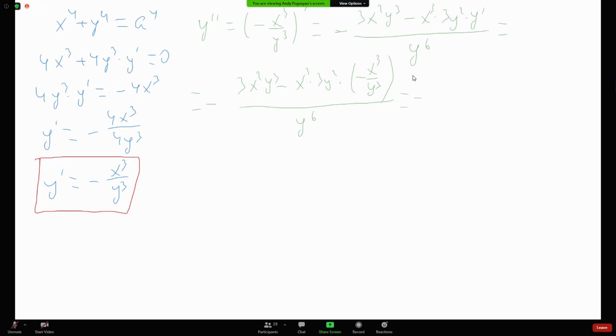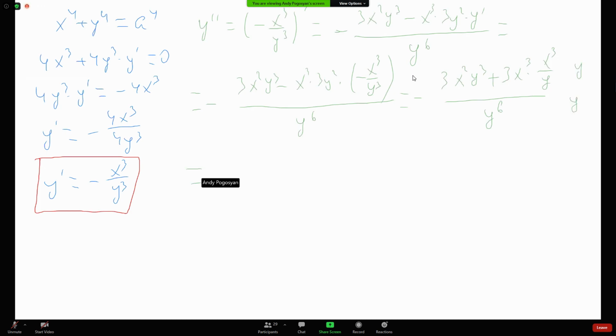So you have 3x squared y cubed plus 3x cubed times y squared is gone. So you get x cubed over y to the 6. Actually, I could have multiplied. It's 3x to the 6. It's okay. So let's multiply by y.